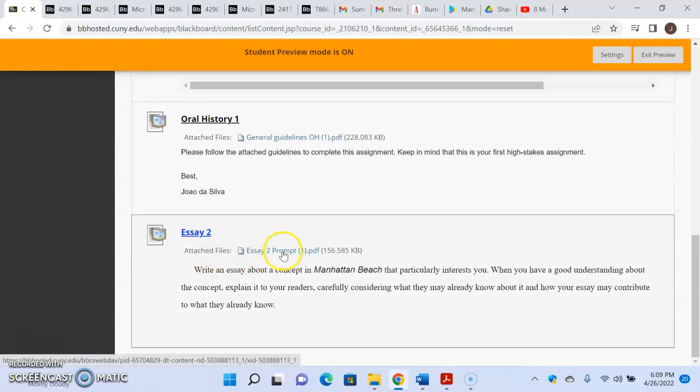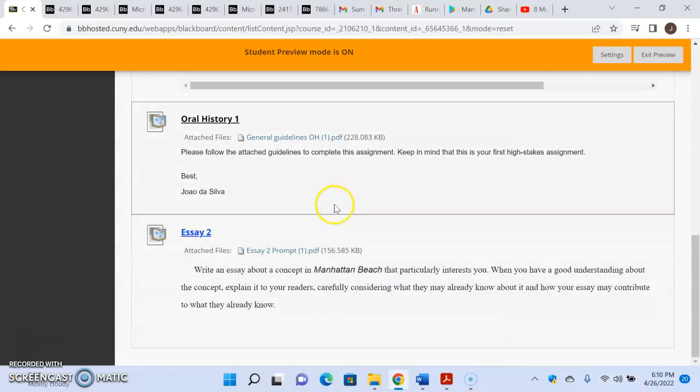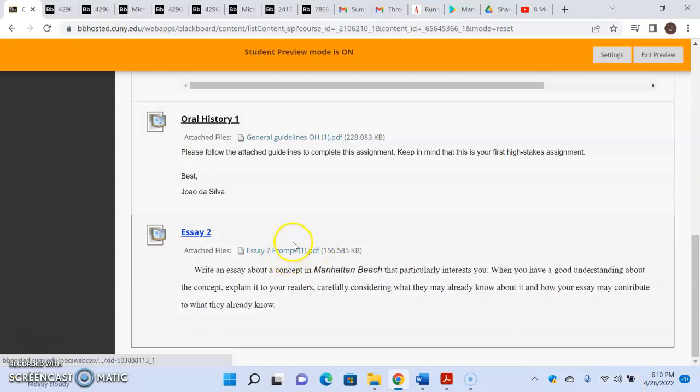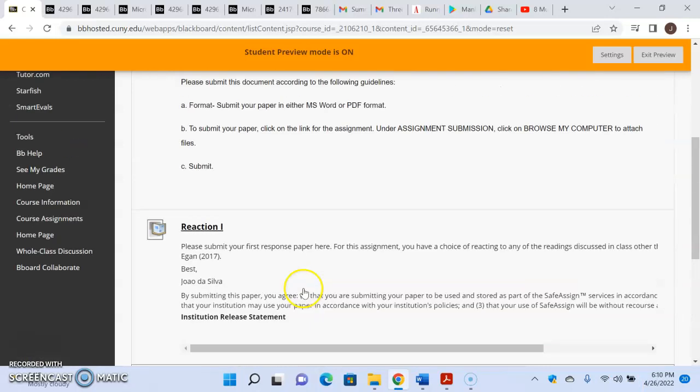For Essay 2, there is a prompt, but in short, you need to write an essay about a concept in the novel that we are reading that particularly interests you. You want to explain to your readers by breaking that issue down into components, right? If you click here, you will get a more detailed explanation of the prompt and of the requirements.